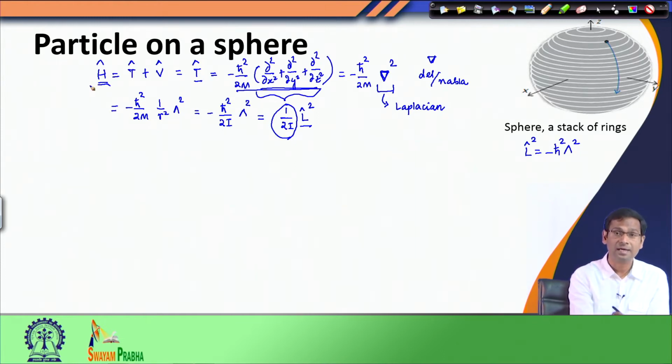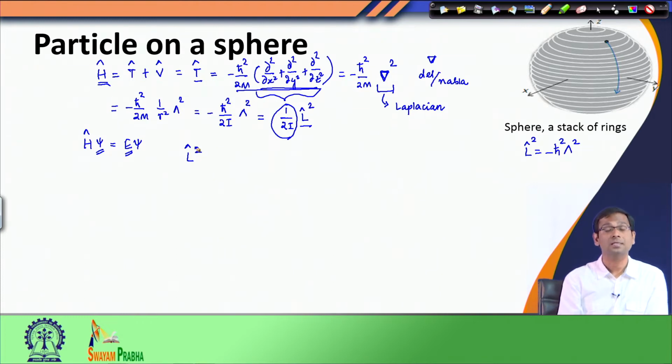Remember, we are trying to find the solution of this Hamiltonian, that is H psi equals E psi. We are interested in the eigenfunctions and eigenvalues corresponding to this Hamiltonian, but now we see that this Hamiltonian can be expressed in terms of the L square operator, and we know the L square operator and its eigenfunctions.